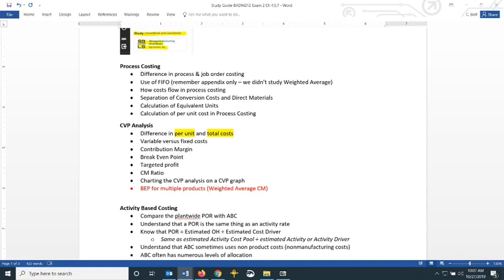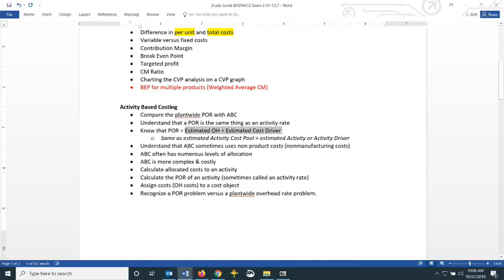And we find that whenever we use activity-based costing, we're calculating a predetermined overhead rate, which is the same as an activity rate. So the same formula, estimated overhead divided by estimated cost driver, will be used. Cost driver is an activity driver. Cost pool is your estimated overhead.